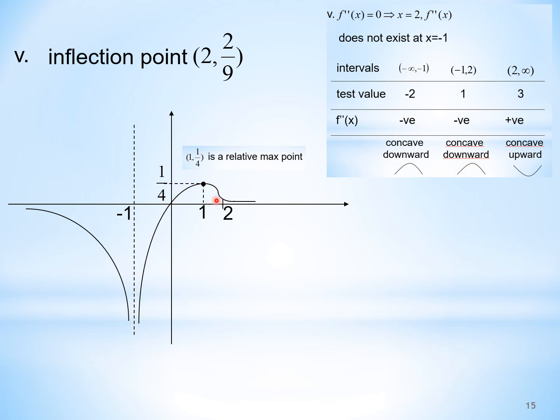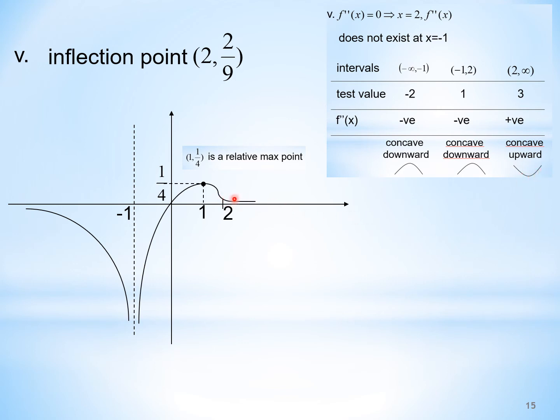Kan sepatutnya dia turun macam ni kan, macam bukit, tapi dia ambil yang sebelah kiri saja. Okay, then we have for the next interval 2 until infinity. Dia dah start concave upward. Macam ni.